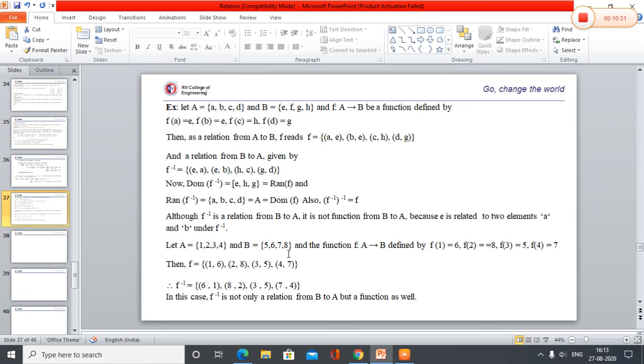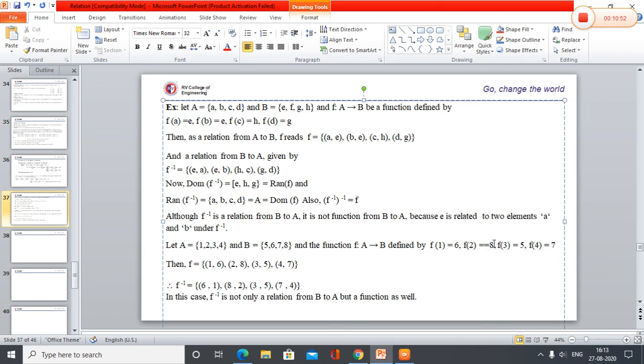Now the second example: A has 4 elements 1, 2, 3, 4, B has 4 elements 5, 6, 7 and 8, and f is a function from A to B, and this function is also defined here. The image of 1 is 6, the image of 2 is 8, the image of 3 is 5, and the image of 4 is 7.